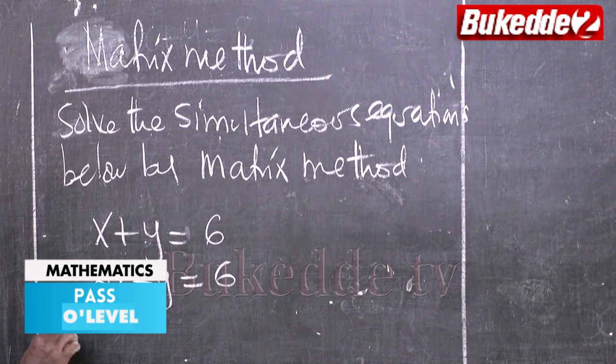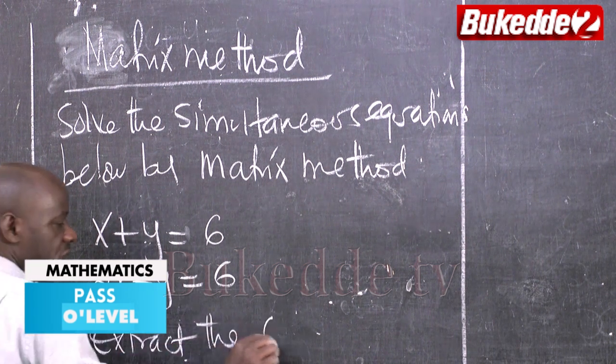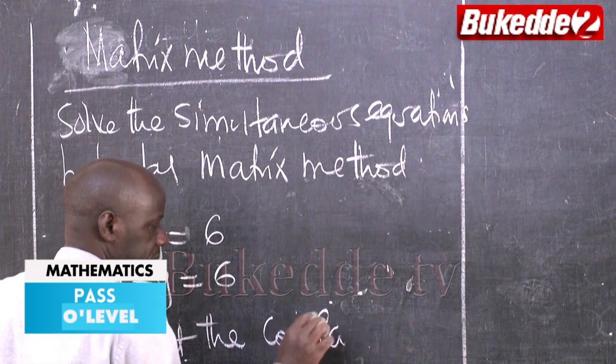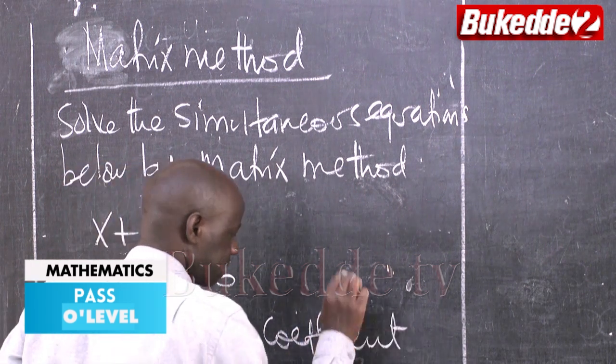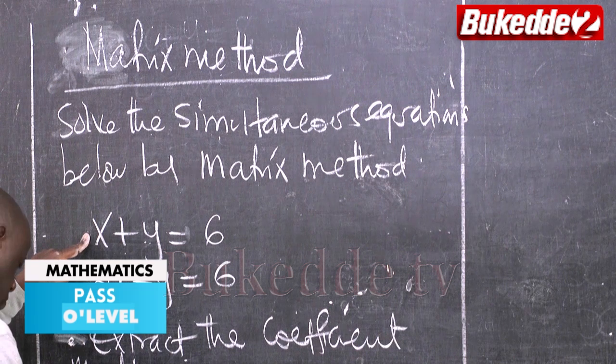Then the next step is to extract the coefficient matrix. In other words, write this in matrix form. Look at the first equation and ask yourself, what is the coefficient of x here? We're going to have 1.